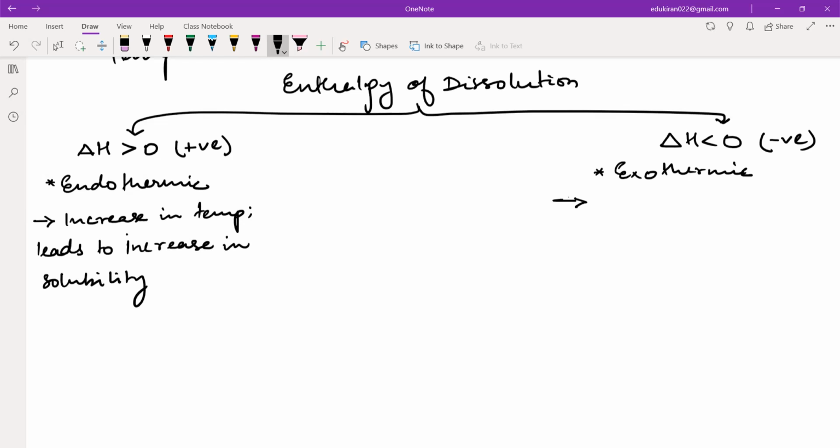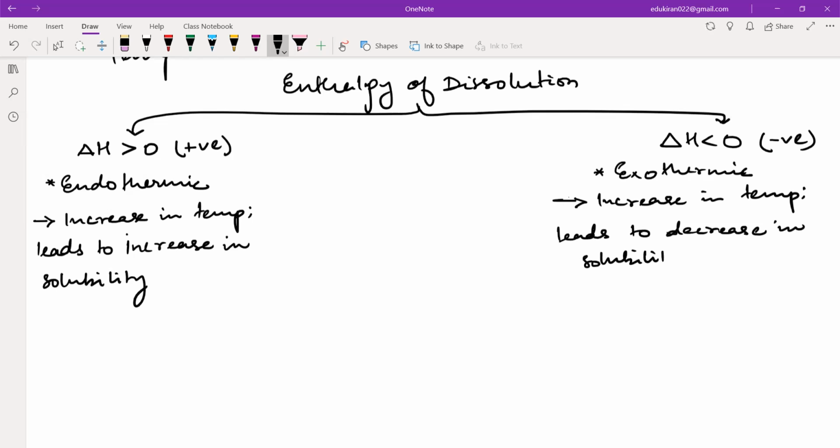Similarly, in exothermic, increase in temperature leads to decrease in solubility. Is that clear? Yes or no? Please tell me. The two cases.